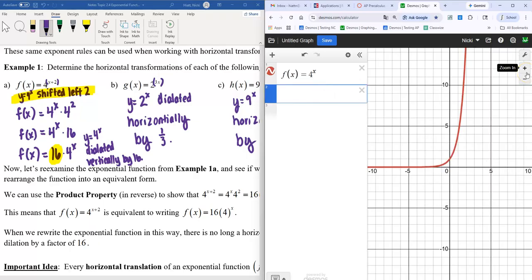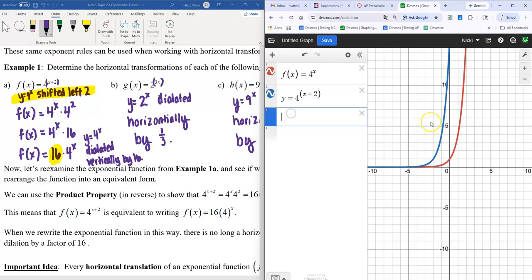Whenever I do y equals 4 to the x plus 2, we can see that graph right there has just been shifted to the left some. But if I do y equals a times 4 to the x power, I'm going to put a slider for my a.